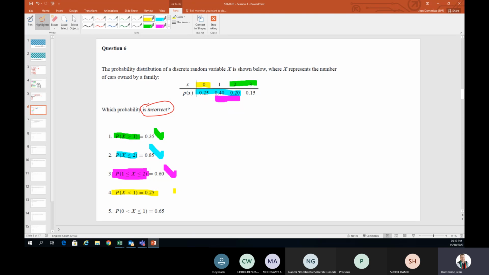So it is correct. Okay, then bigger than 0, but not including 0. Smaller or equal to 1, so basically only that one. They tell us it is 0.65. It should be 0.4. So that is the incorrect one.